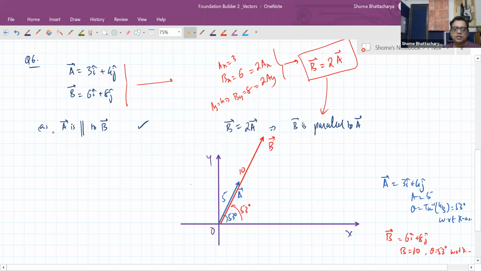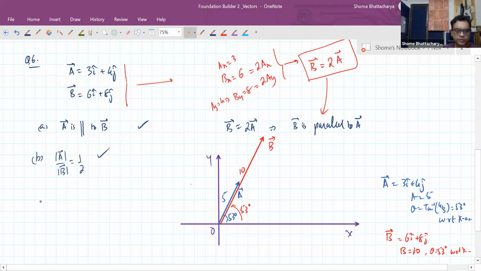So that's how we are saying option A is correct. Now from that we can automatically see option B is also correct, because option B was saying that mod A by mod B is half. So we can see that's immediately correct.